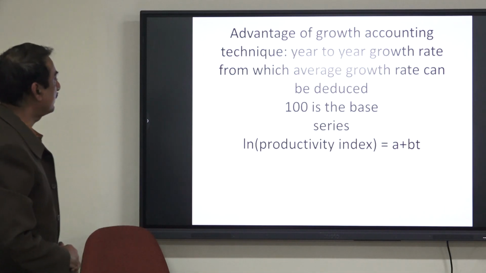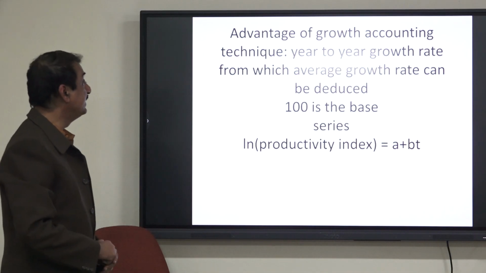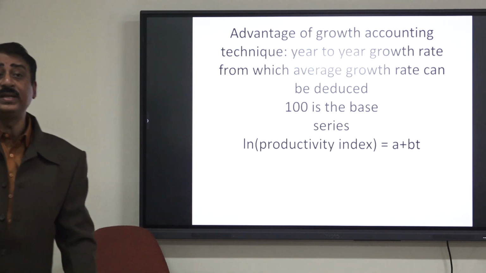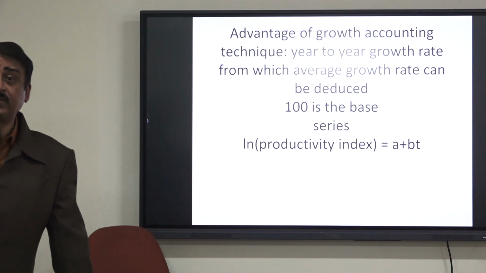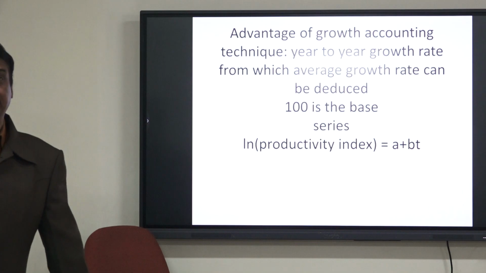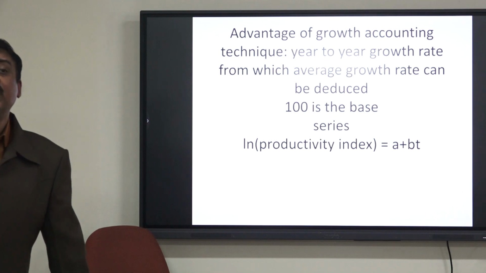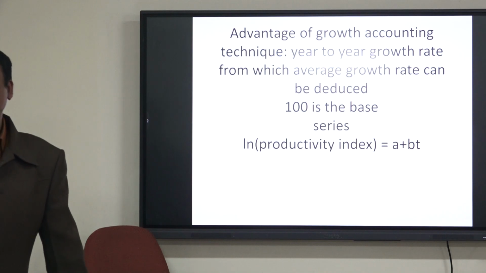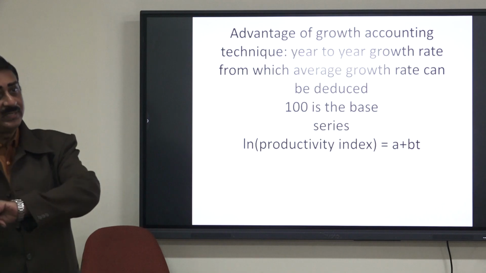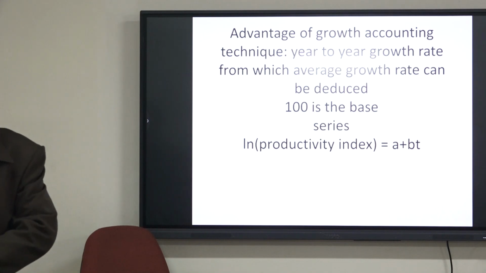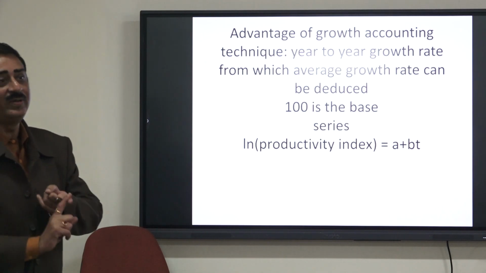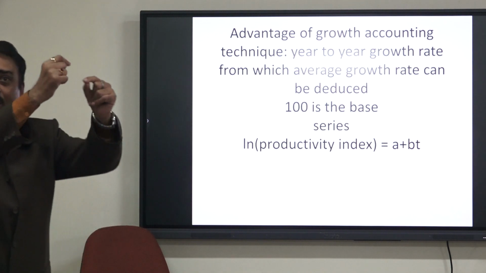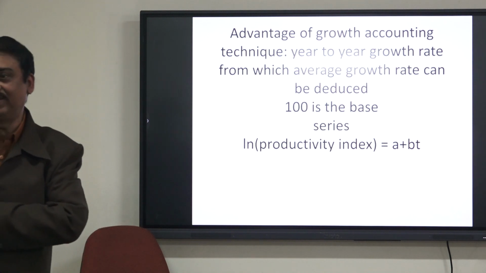Okay. And then the question is, if you have the growth accounting technique which estimates total factor productivity growth for each year, how would you answer the question, what has been the average rate of growth in total factor productivity for this period? If you are following an econometric method, you have the average rate of growth. But if you are following the growth accounting technique, you have individual year-to-year rates.